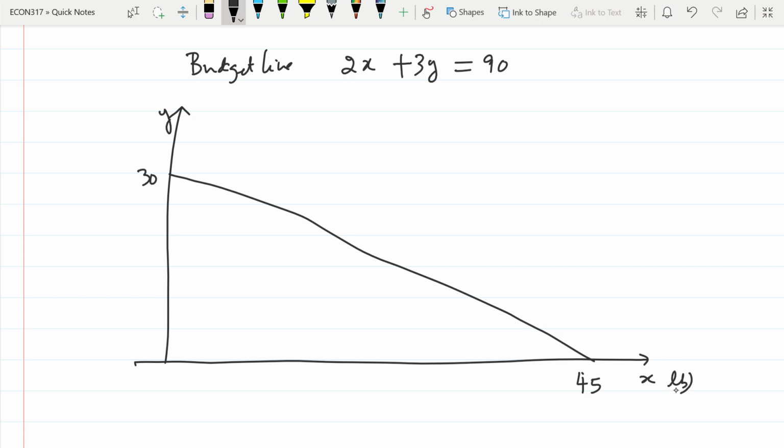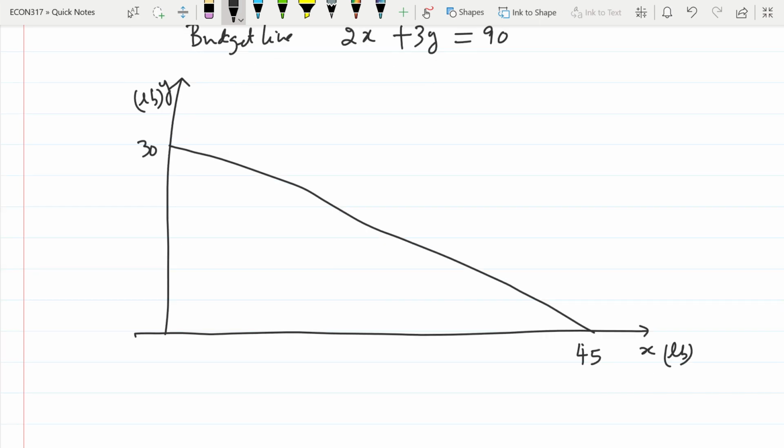X is in pounds, Y is also in pounds, and I will also like to show the previous budget line when we had only $60 to spend. So I have 20 here, 30 here. So you could see the budget line has moved out parallel compared to the earlier budget line.